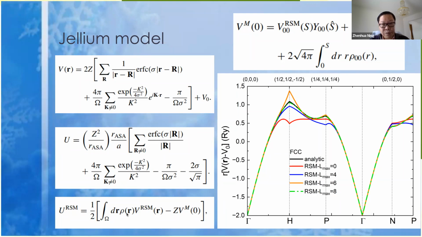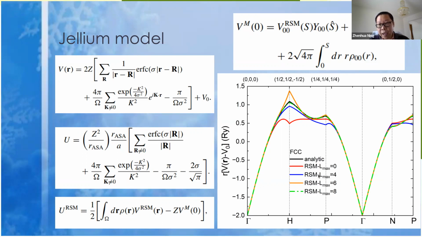If I use the removed sphere method to calculate the Coulomb energy, it is given by this equation. Here, Vm is the generalized Madelung potential. The Vm0 can be calculated by the Dirichlet boundary value problem, and it's given by this equation.